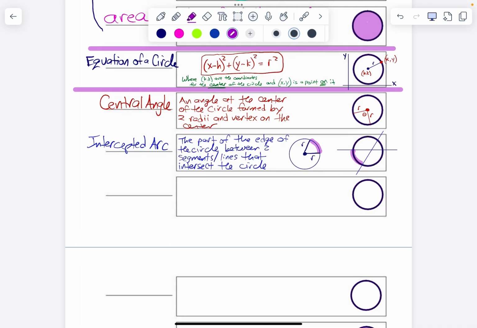Like that. So either version. There's also chords that we can intersect circles with. But that part that's cut off or cut out, maybe, if you think of it that way, from the edge is called an arc, specifically an intercepted arc.